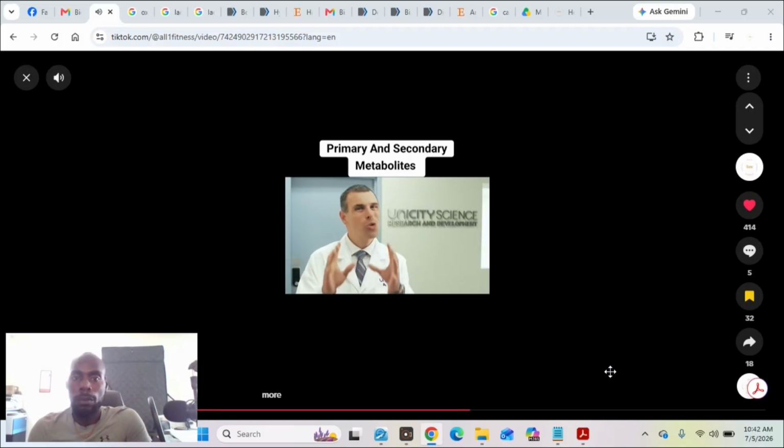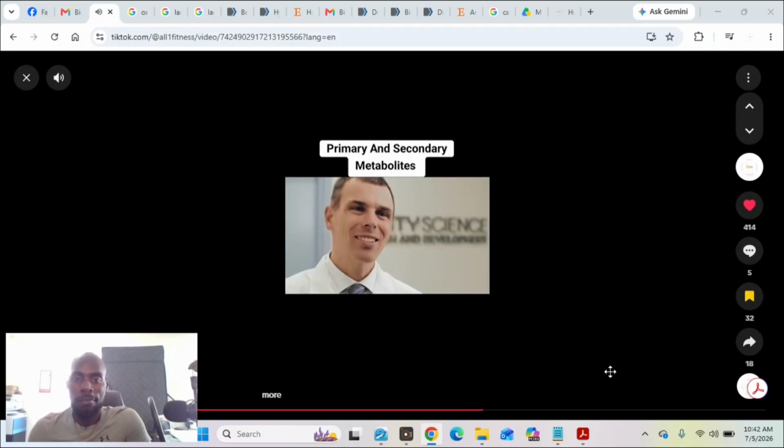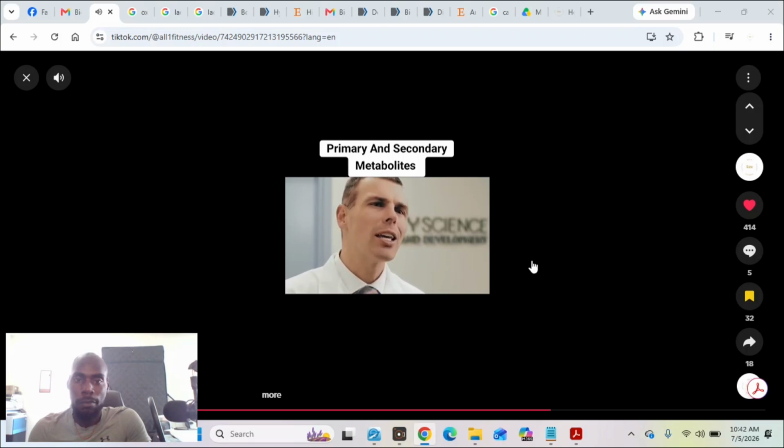But what we do understand and know is that secondary metabolites are the bioactive compounds found in plants. And these are the compounds that help to maintain healthy gene expression in the body.